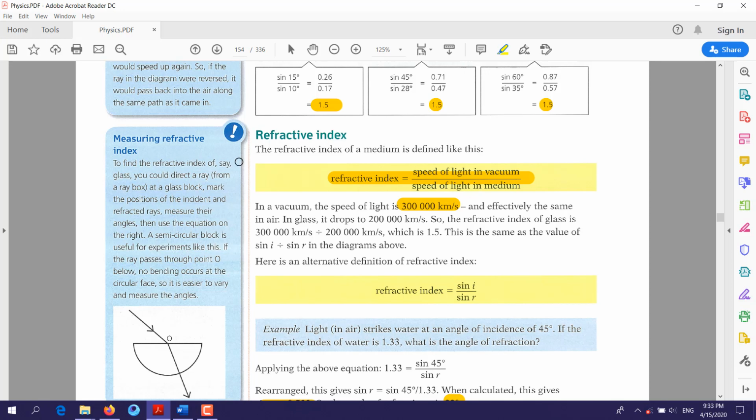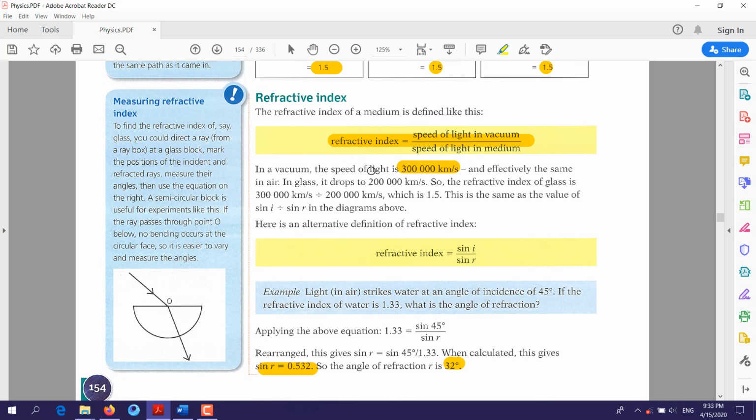Now, refractive index. We explained refractive index in the previous lessons. We said it's the ratio between the speed of light in vacuum and the speed of light in a specific medium. This medium could be, for example, glass, water, or acrylic.